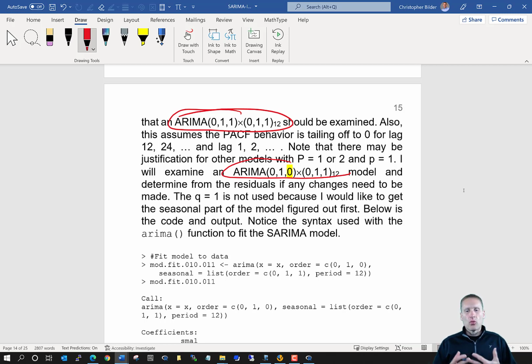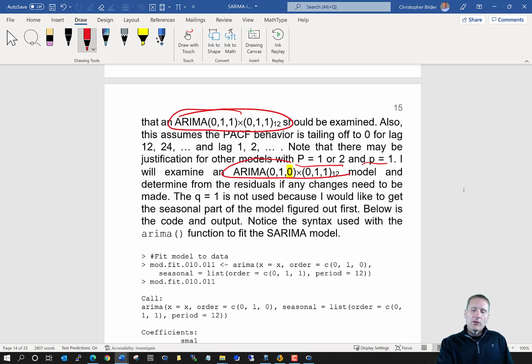So it's reasonable that there might be justification for other types of models associated with it. You know, perhaps using an autocorrelation for the seasonal component of 1 or 2, maybe for the non-seasonal component, maybe of 1. And so because of that, how about we take a look at a different model to begin with in terms of estimating the model and going through the diagnostics.